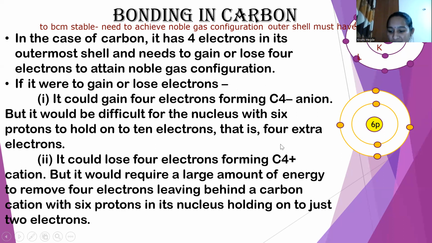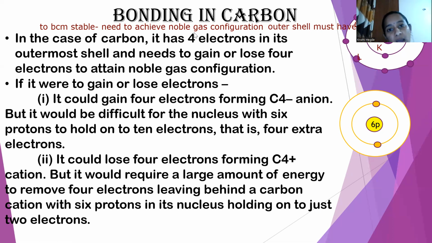See what happens when these 4 are removed: 6 protons must hold on to only these 2 electrons, which becomes really difficult for the protons. So losing electrons to form cation will also be difficult. Gaining electrons to form anion will also be difficult for carbon.